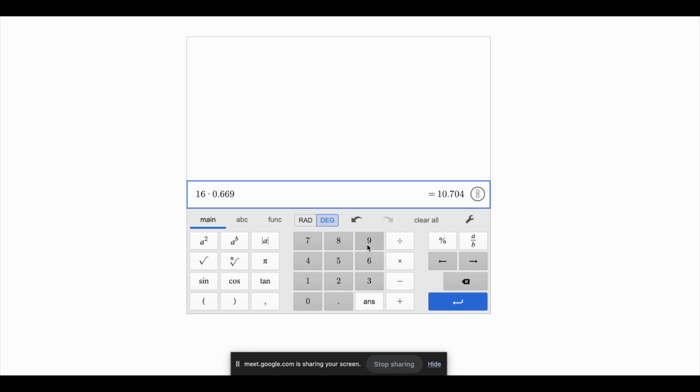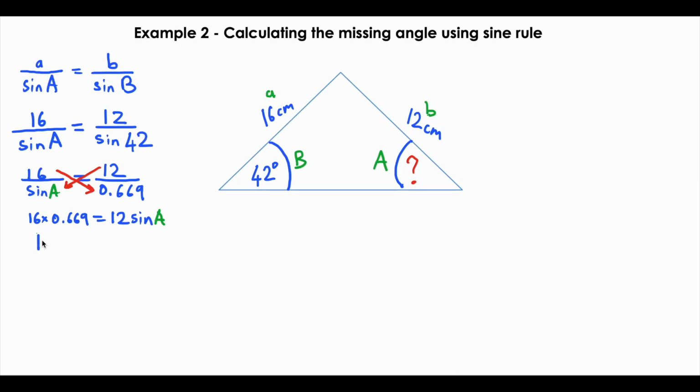Y'all get the same thing as me? Lovely, so we're doing something right. We got 10.704. I'll put it as 3 decimal places because I want to calculate the angle.